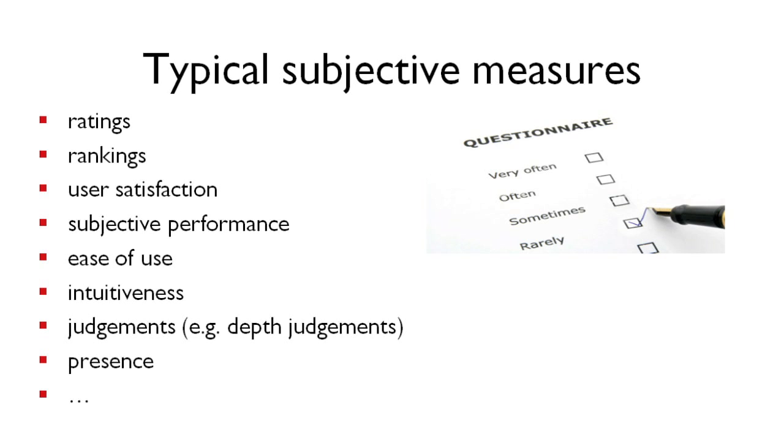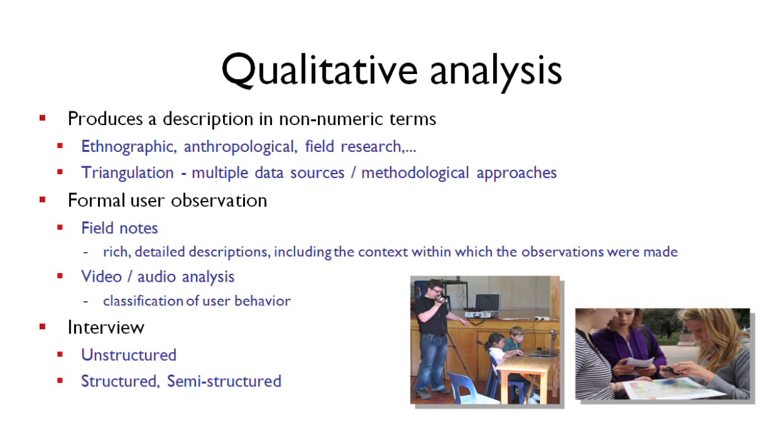So qualitative analysis is basically a different approach to gather your data. You're not interested in numbers, but you're interested in what the term says, in the quality of user interaction, for example. This data you can gather in different ways, like formal observations, video observations, audio recordings of user behavior.